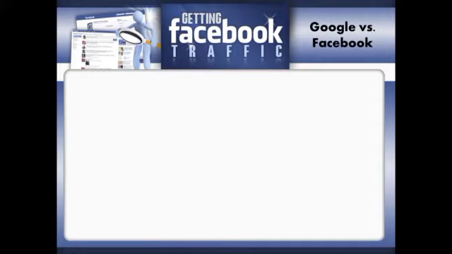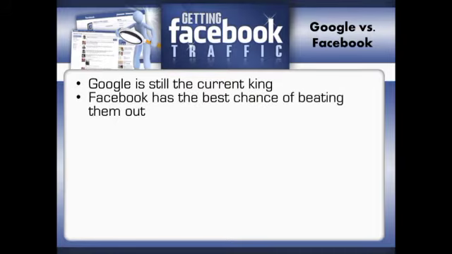Specifically, let's take a look at Google versus Facebook. Google is still the king. I have to give it to them. They are still the go-to place for a lot of advertising budgets, and it's probably going to be that way for a little while. But Facebook does have the best chance of knocking them off the hill, the whole king of the hill thing.